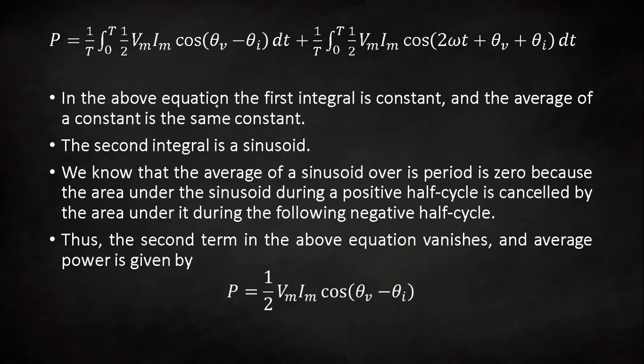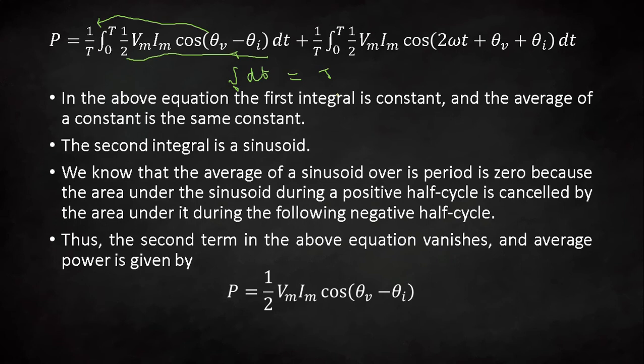So in the above equation we can say that the first term is constant, because if we do the integration of this term, there is no time varying quantity, so this is the constant term. The integration from 0 to t will be, if this is constant, just take it outside, and the integration of dt from 0 to t, and the answer will be t.